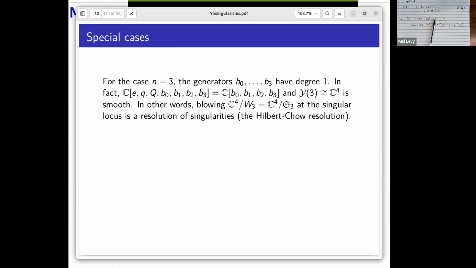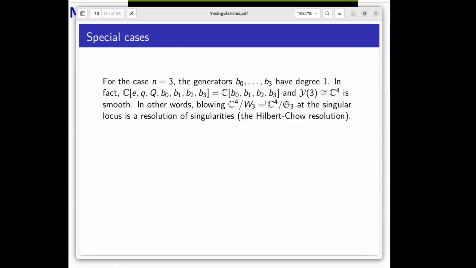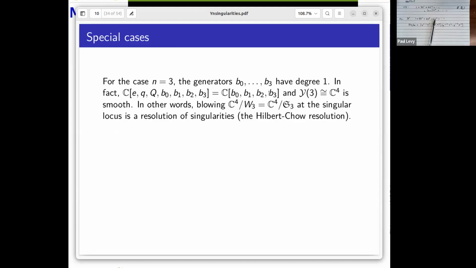So we've blown up a 4-dimensional vector space over S3. This is H plus H star over S3. Blowing up once at the singular locus resolves singularities, and it's well known that if I take the analogous thing for any symmetric group, I have a resolution. And so we've just rediscovered the Hilbert-Chow resolution.